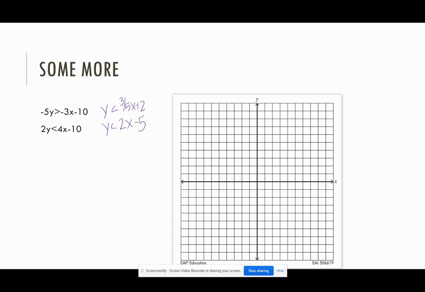So this becomes 3/5 x plus 2, so plus 2, up 3, over 5. Up 3, over 5, and so on. And we have some dotted lines. Like I said, I'll do that quickly.